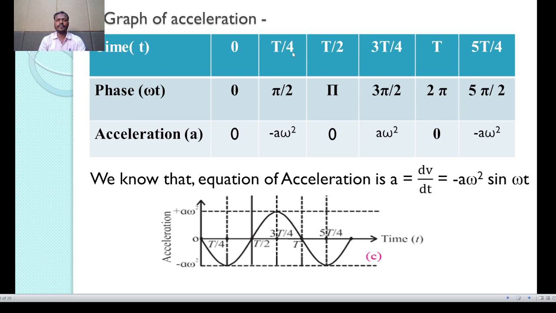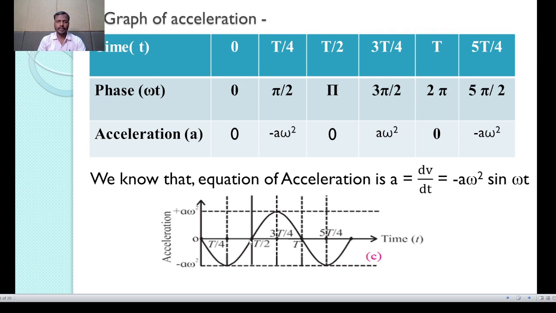When the time is T divided by 4, the phase becomes π divided by 2. Putting the value of the phase, sin π by 2 is 1. 1 multiplied by minus a omega square, that is acceleration becomes minus a omega square. The point is here. Now the next, when the time is T divided by 2, the phase becomes π, sin π is 0, therefore acceleration becomes 0.